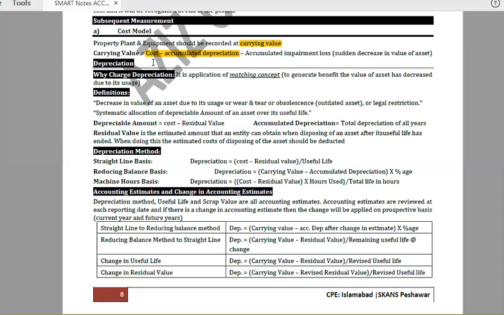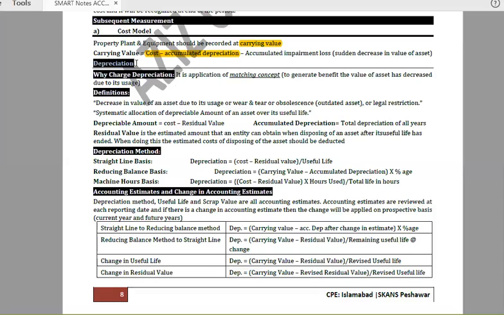So before we move towards calculation perspective, let's discuss what is depreciation. What is depreciation? Reduction in value of an asset with its usage.